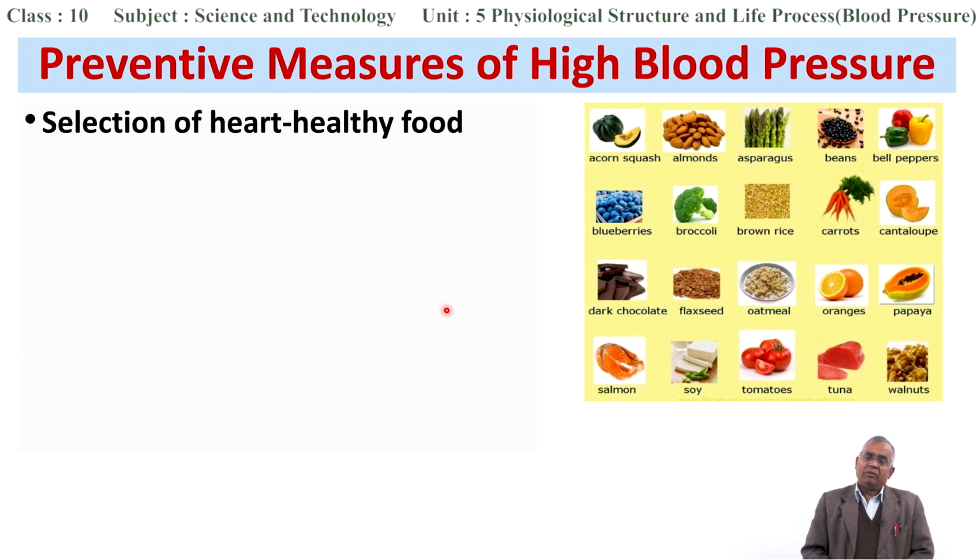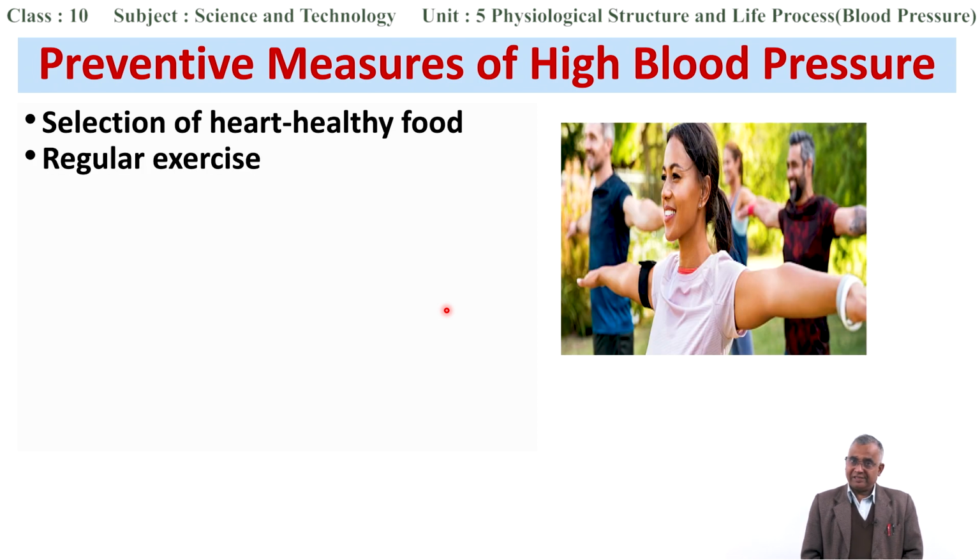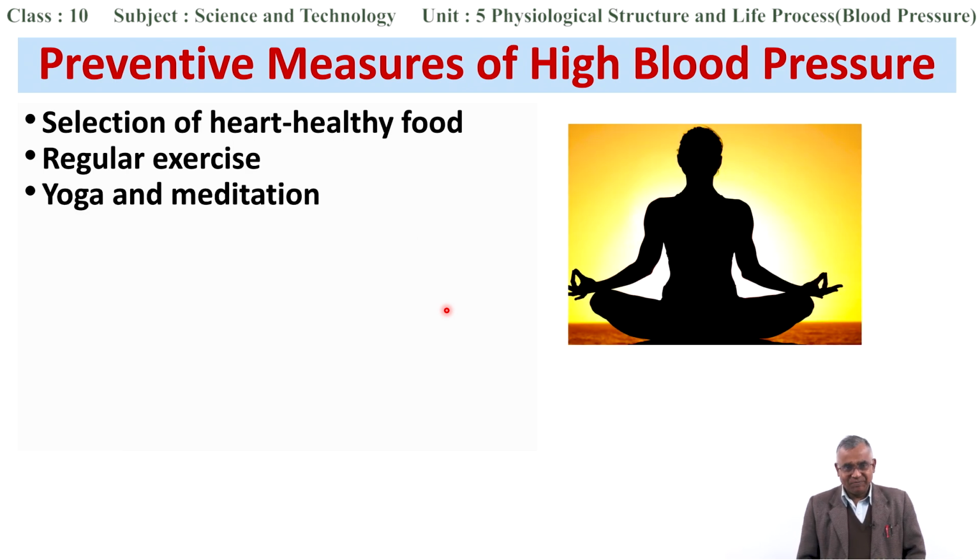So they are the foods which have to be selected for what? To keep our heart healthy. Next, regular exercise. If we already know the cause, the remedy is easier. Yes. Next, yoga and meditation. Are yoga and meditation the same? In yoga, different asanas are used.